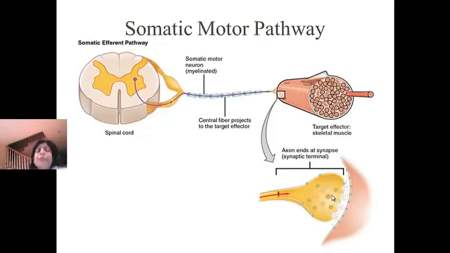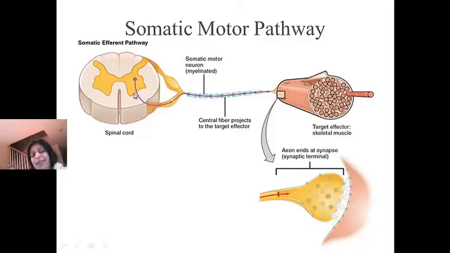So, we are familiar with the somatic motor system already. This is the lower motor neuron originating in the spinal cord and reaching a voluntary structure such as the skeletal muscle.